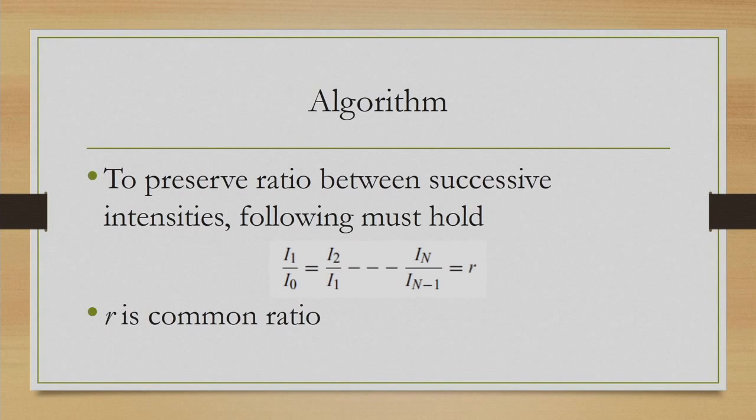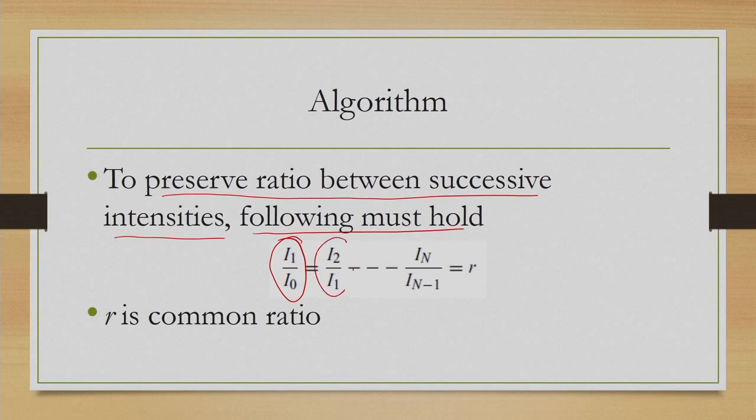Now, we will apply the knowledge that we have just discussed, that is to preserve the ratio between successive intensities. We must ensure the following, that is I1 by I0 equals I2 by I1 equals up to I n minus 1 by I n minus 2, equal to a common ratio R. So, the ratio of the consecutive intensity values supported by the device should be the same.